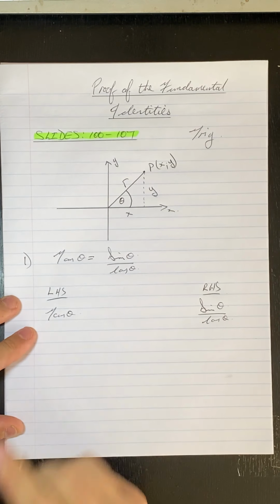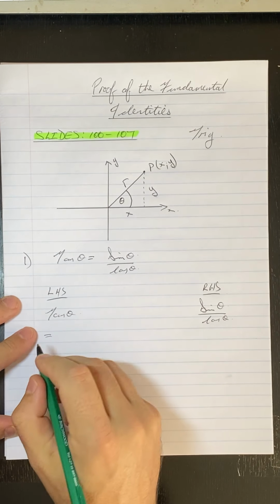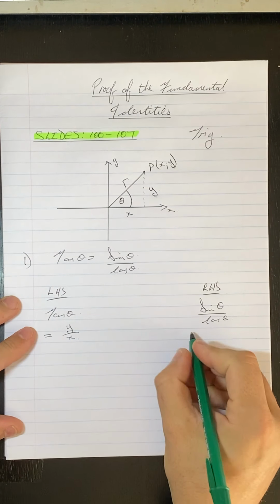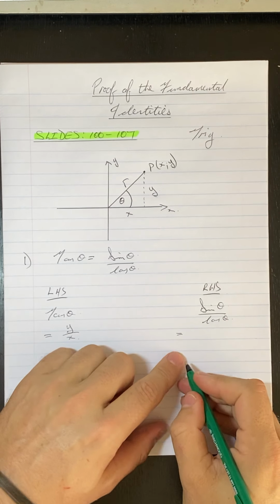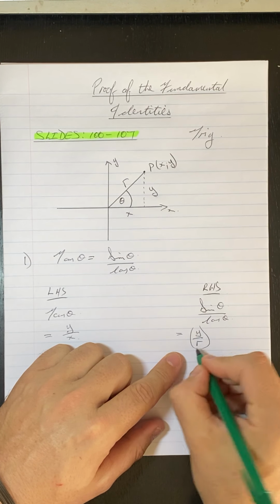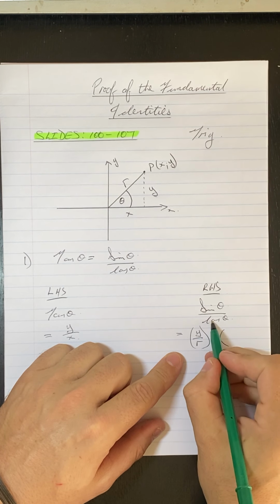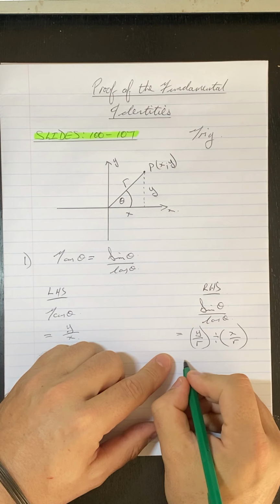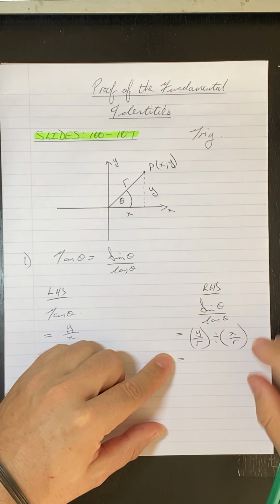Now, tan, we know in terms of x, y, and r is y over x. On this side, sine is y over r divided by our cos, which is x over r. And when we're dividing by a fraction, we tip and times.